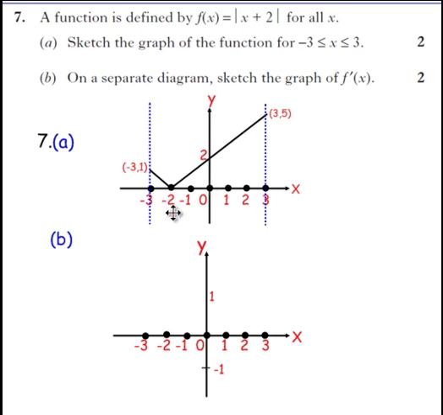At -2, on the left, the gradient or f dash would be -1, and on the right of -2, f dash x would be +1, which means that f is not differentiable at -2. So at -2, f dash x is not defined.